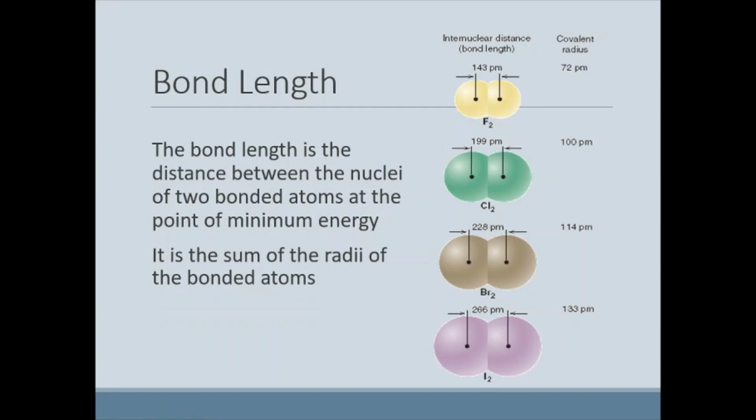But remember, these spheres represent your electron cloud. But your electron cloud is technically empty space, and so it's not really something you can truly measure. But if you can locate the nuclei of that atom and that atom, you can measure the distance between those two. And you can do the same thing with F2 and H2 and Br2 and I2 and all the other diatomics.